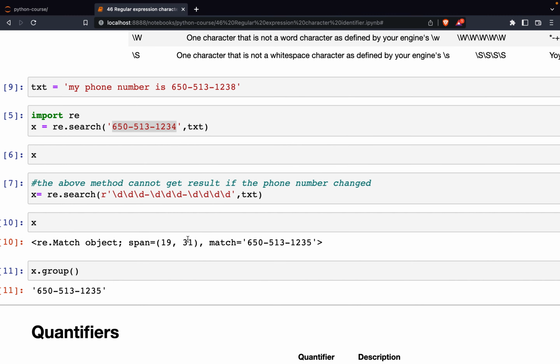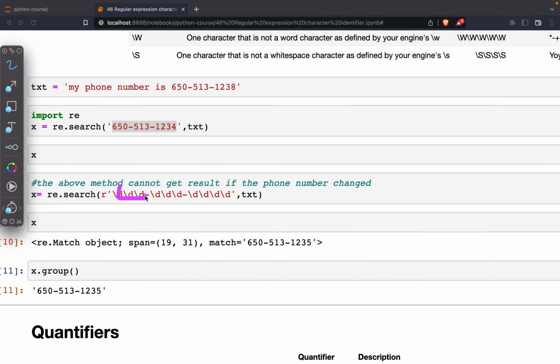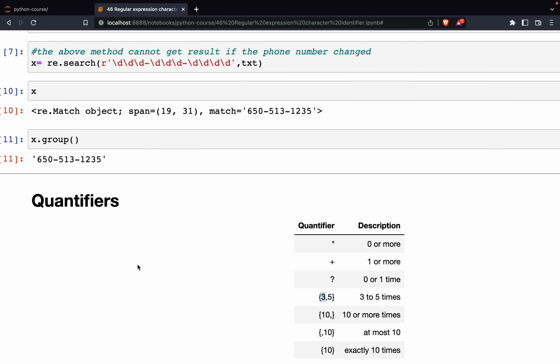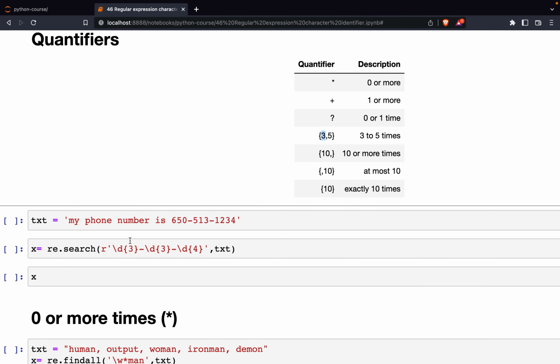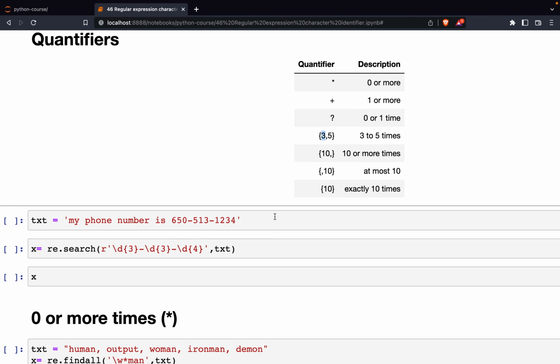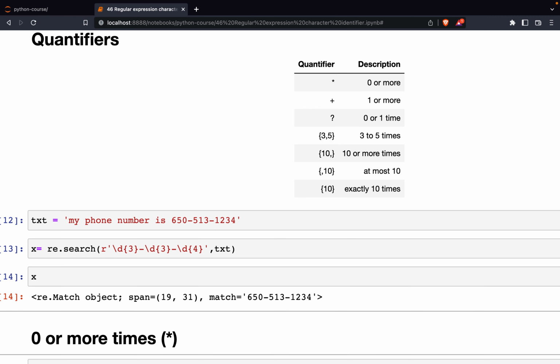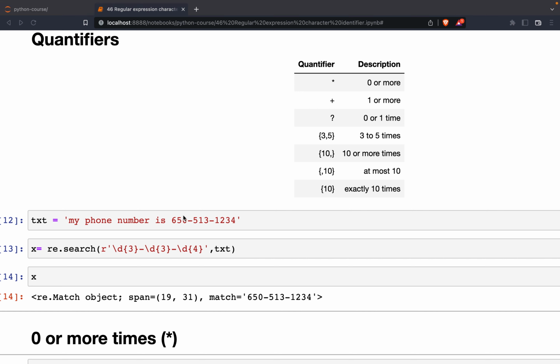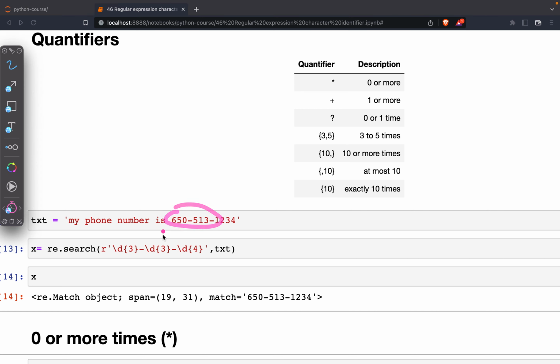So what we can use is, instead of typing \d 3 times, we can just use \d and paste the 3 in the curly brackets, and this means it will occur exactly 3 times, and this is exactly 4 times. So now we get the x, we still have the same results, that we get the phone numbers which occur at the position 19 to 31.